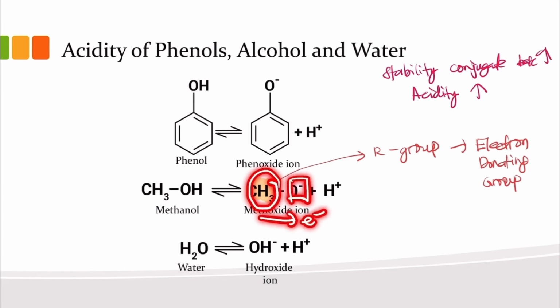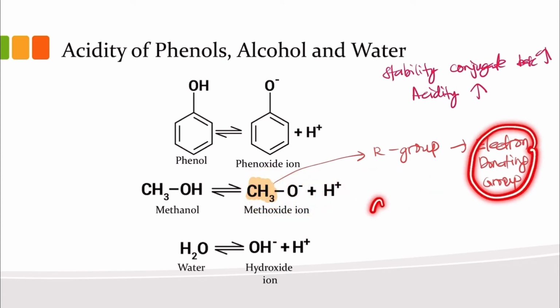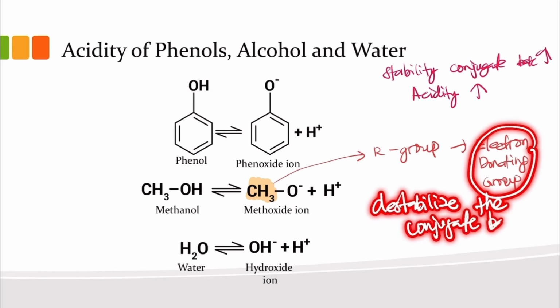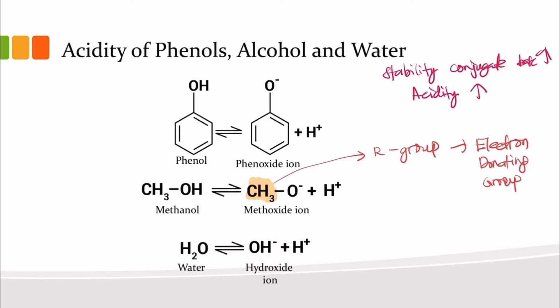So this will cause the stability of the methoxide ion to decrease. In this case, the electron donating group will destabilize the conjugate base. That is why methoxide ion is less stable compared to hydroxide ion.